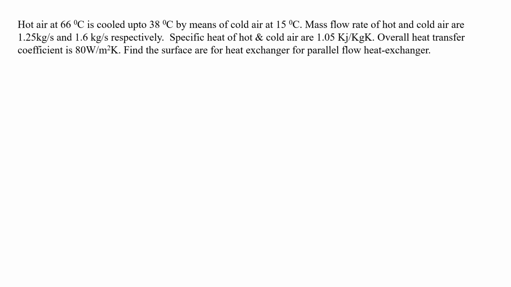Specific heat of hot and cold air is 1.05 kJ per kilogram Kelvin. Overall heat transfer coefficient is 80 watt per meter square Kelvin. Find the surface area of the heat exchanger for a parallel flow heat exchanger.